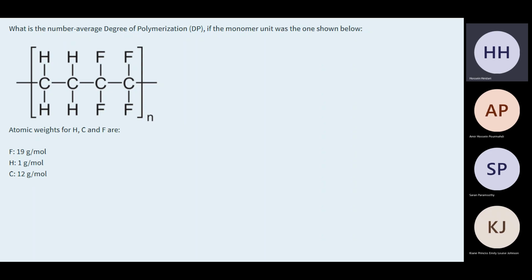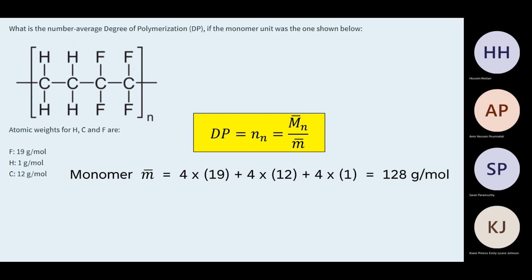So we call it the repeating unit. That's why if we give you the monomer, you have to subtract the two H's. We don't use those in calculating the repeating unit mass. If you find this, you know how many of each atom you have, you simply add them, and you've got the mass associated with each repeating unit.